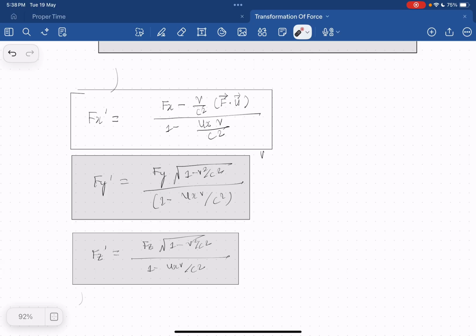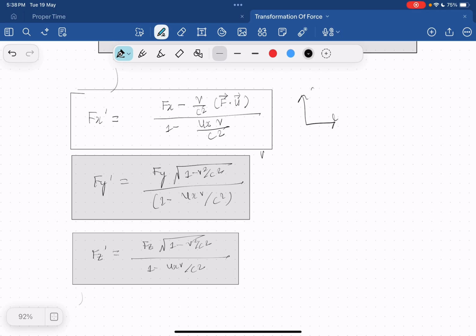So if we have a force on a particle, vector f, with respect to one frame, then seen from some other frame S prime, the force will not be the same vector, it will be some f prime vector.